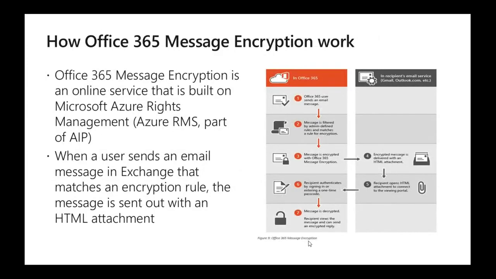Now let us talk about how Office 365 message encryption works. We already spoke about the flow of an email, what data is captured and how an algorithm is in place to encrypt the header of the email. When a user sends an email message in Exchange that matches an encryption rule, the message is sent out with an HTML attachment.